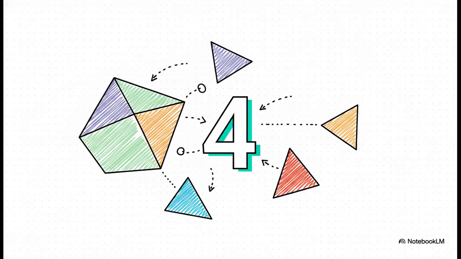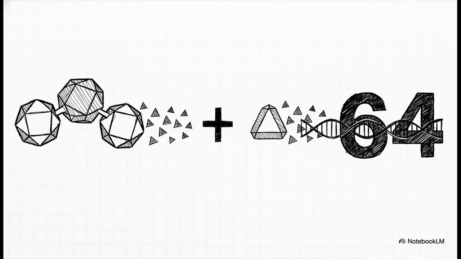Next, we simply add the 4 faces of the central tetrahedron. This brings us to the final tally. The summation is remarkably straightforward. 60 faces from the 3 icosahedra plus the 4 faces from the central tetrahedron yields a total of 64. This one-to-one correspondence between the geometric faces and the genetic codons is the numerical cornerstone of the entire model.